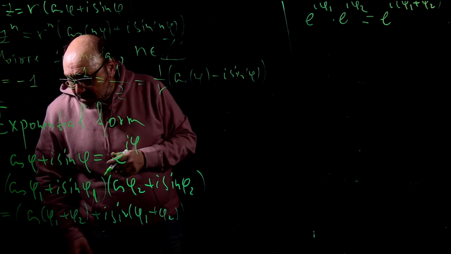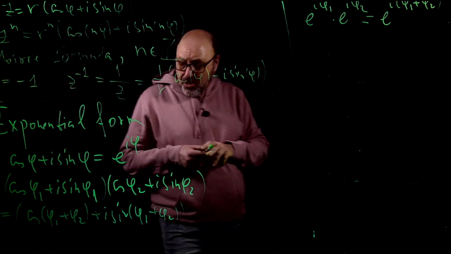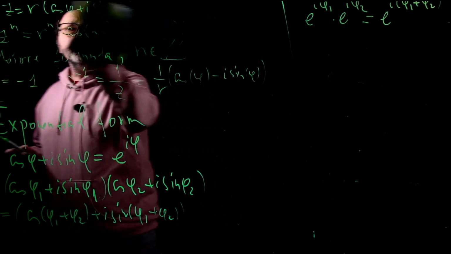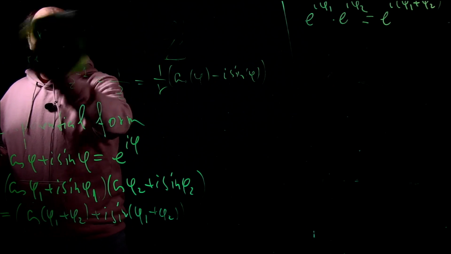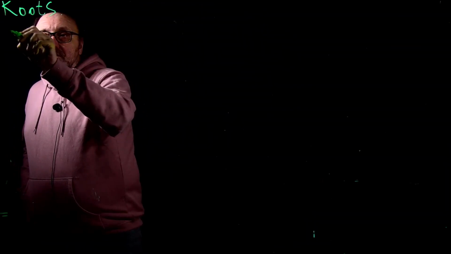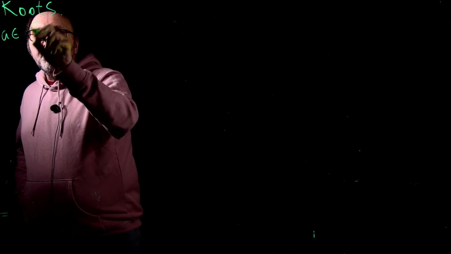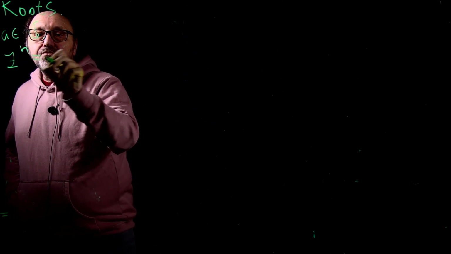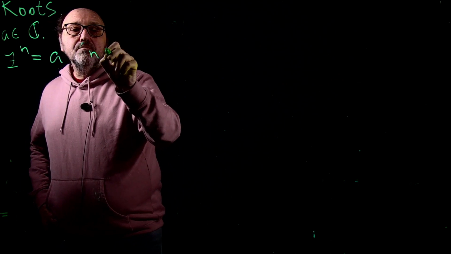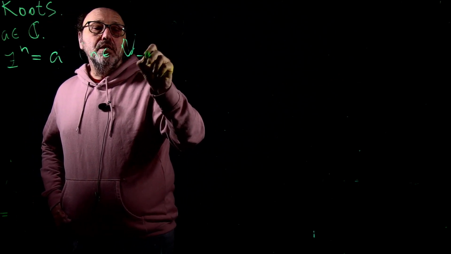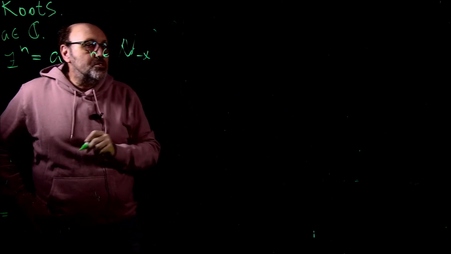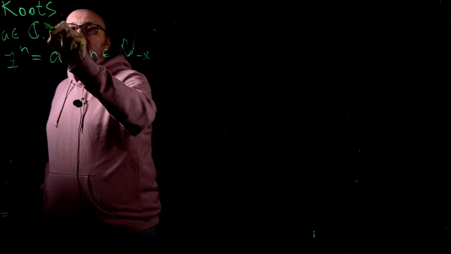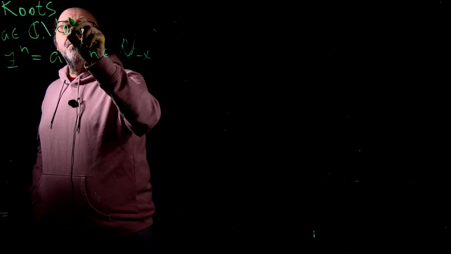All right, and so the last thing which I would like to discuss is the roots. Suppose that A is a complex number, then we consider the solutions of the equation z to the power n equals A, where n belongs to N star, which means that it is different from 0. I suppose that A is different from 0.